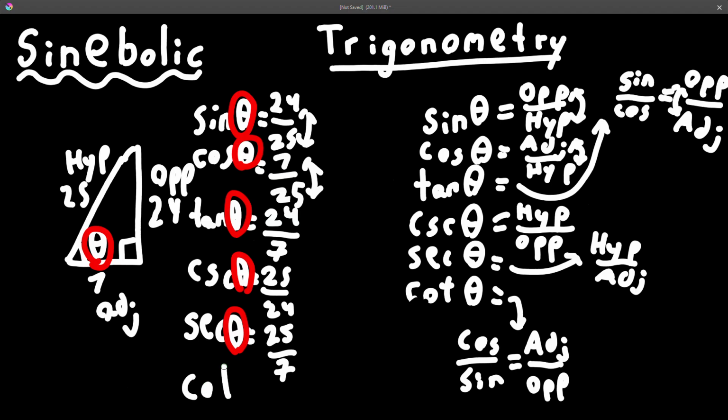And lastly is cotangent for theta, which will equal the flipped version of tangent, 7 over 24.